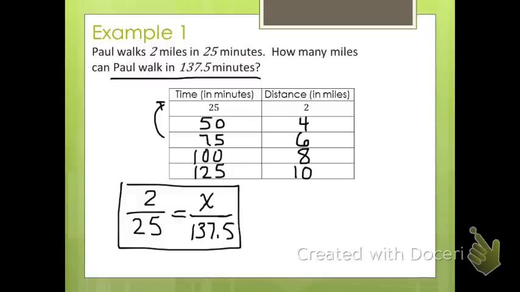I'm not going to review it, but we have seen and talked about, even back in lesson 8, I believe, that if 2 ratios like this are set equal to one another, then their cross products are equal. So I have a new equation when I do this: 25x, or 25 times x, is equal to 2 times 137.5.